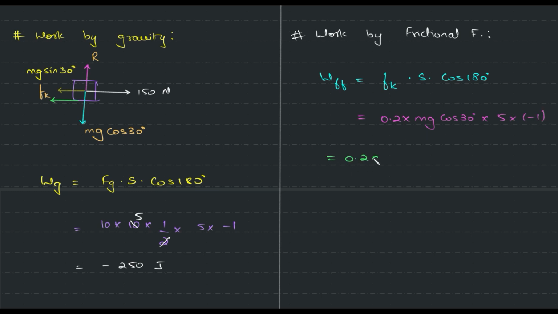So this is 0.2, m is 10, 10 root 3 by 2 into 5 into minus 1. The 0.2 and 10 multiply to give 2, so this 2 will cancel, and this is 50 root 3, minus 50 root 3. Again, please complete the calculation if need be. If they have not asked you to find anything related to this after this, you can just leave it over here. Okay, then what else?